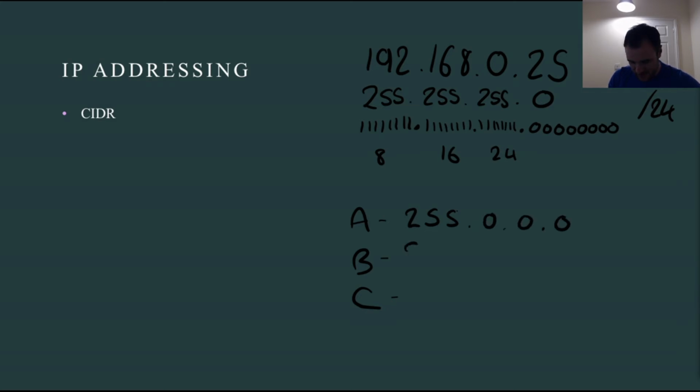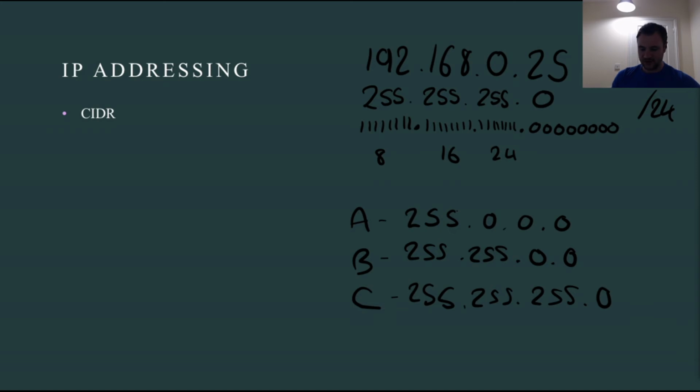Class B is 255.255.0.0. 255.255.255.0 for a class C. So it's evident if a 255 is a network and a 0 is a host, then the host portion with a class C is smaller than a class B, and then it increases significantly with a class A, giving 16 million possible addresses, and then I think with a class B it's something like 32,362 or 66. But anyway, back to it.